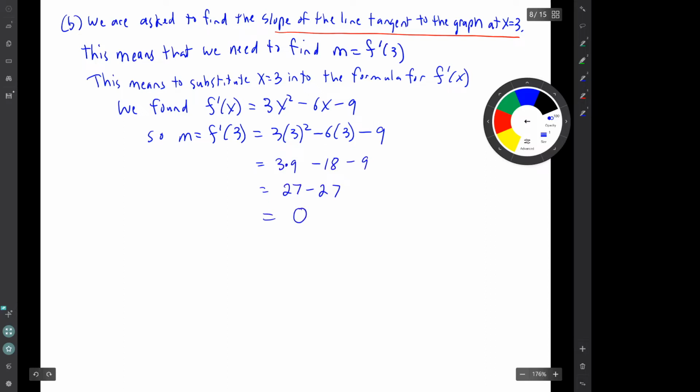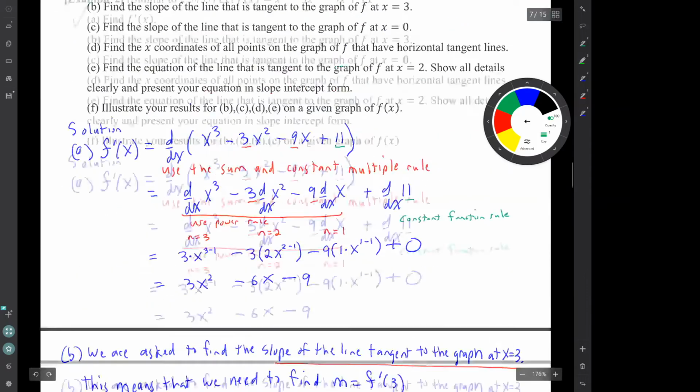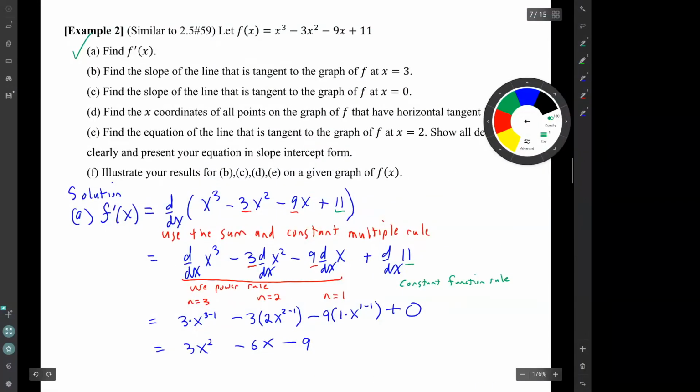So our result is that the slope of the tangent line at x equals 3 is 0. That's the end of part B. Let's go back up and see what we're supposed to do for part C. In part C, we're supposed to find the slope of the tangent line at x equals 0.